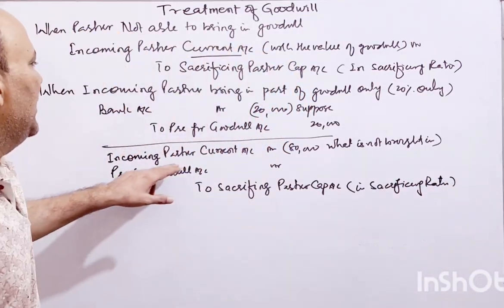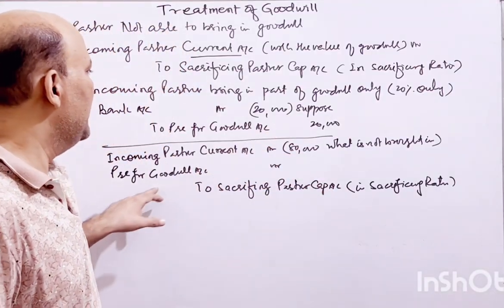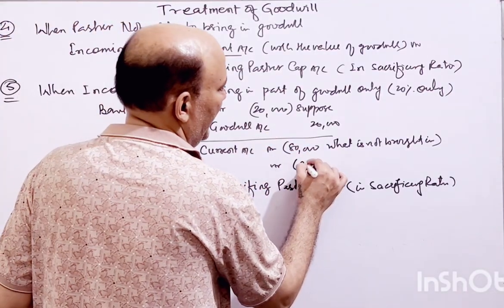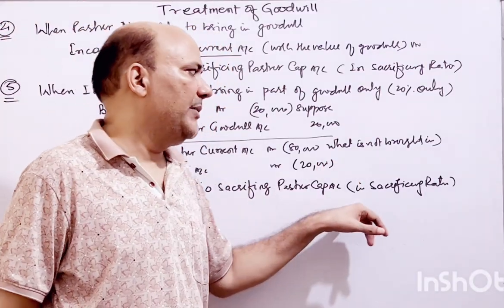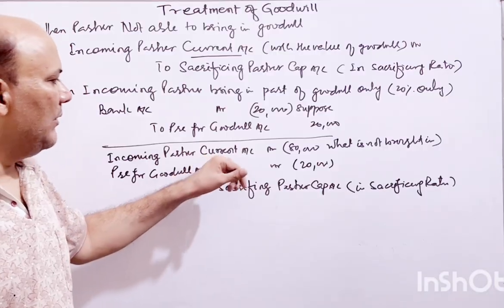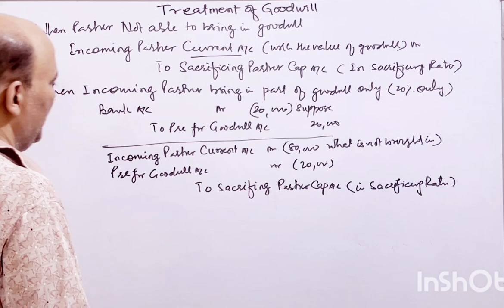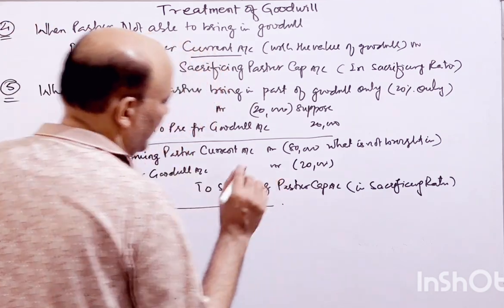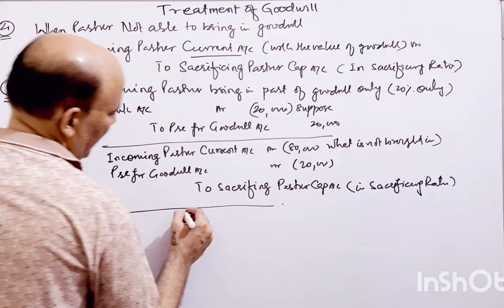So the incoming partner's current account is debited with the amount he is not bringing in; 20,000 he is bringing in, so 20,000 will be here and will be distributed to the sacrificing partners in the sacrificing ratio, and the rest will be his liability, and in future whenever he pays, that will be written off from the books of account, right? This is the thing.